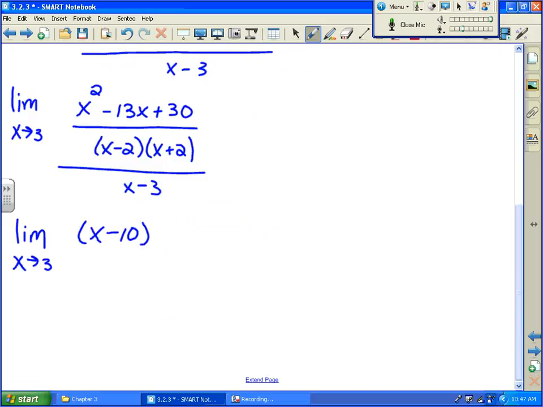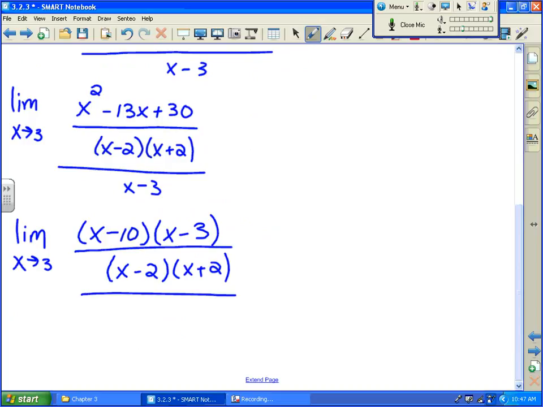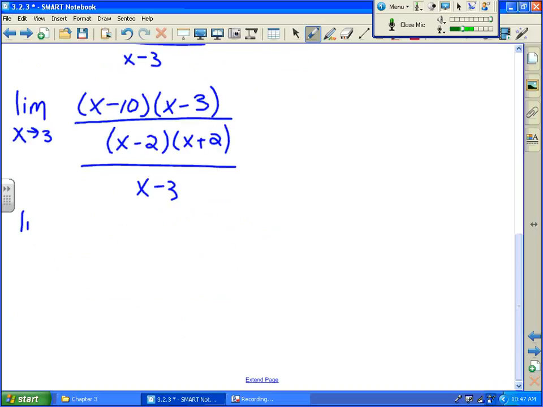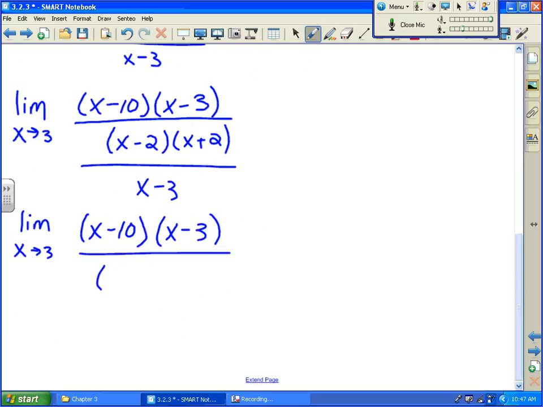I'm going to get x minus 10, x minus 3, all over x minus 2, x plus 2, all over x minus 3. Invert and multiply that, or if you are really on the ball, you know that you could probably cancel the bottom with the top.